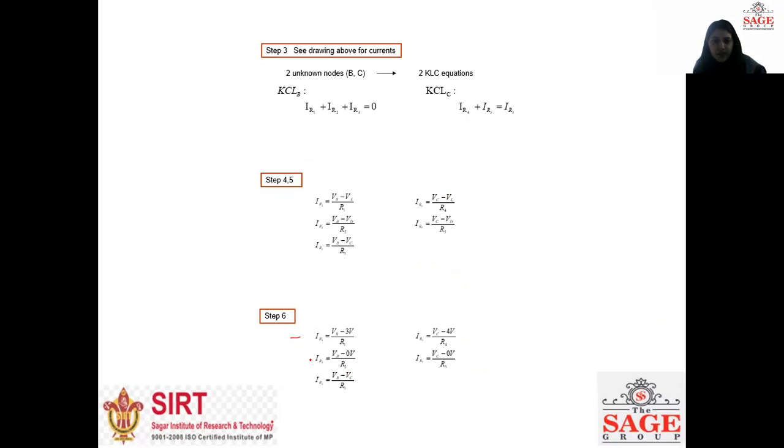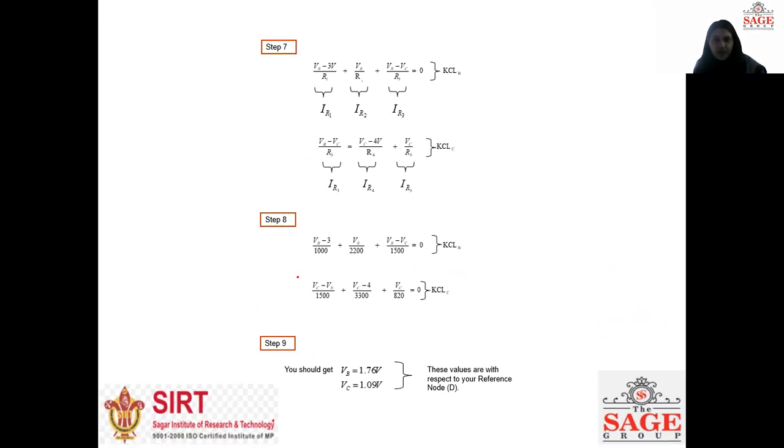So in that way, we will calculate and put the values, and these are the main two equations through which we can find out the values of VB and VC.